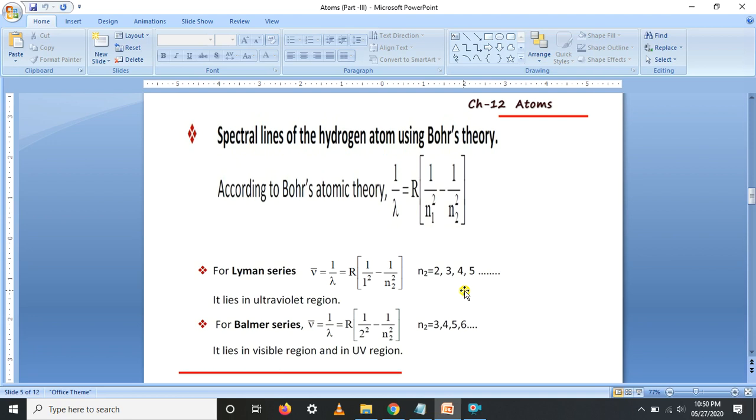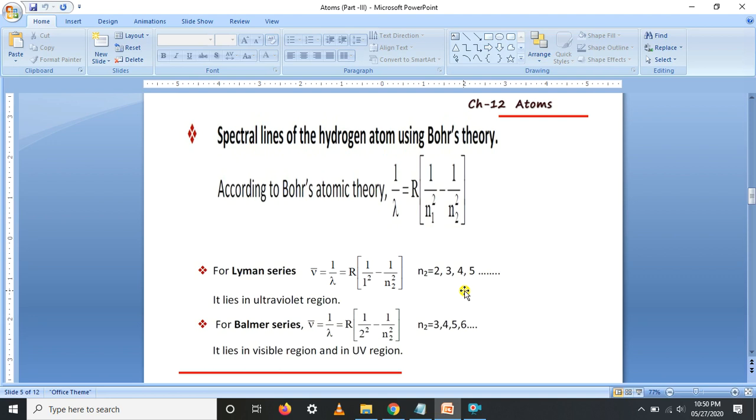If you want to see the derivation, pause this video and go through the atoms part 2 video. There you will see the derivation and the expression for it.